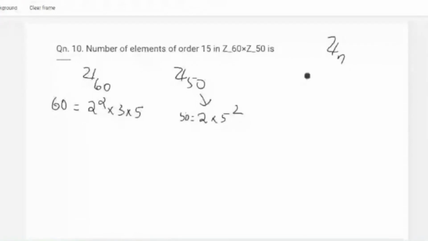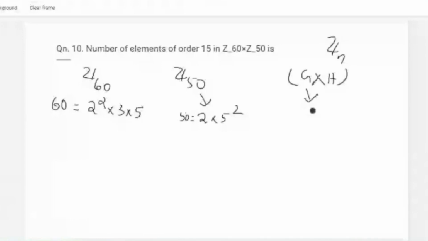Now, in a product group Zm cross Zn, if we have an element A in G and an element B in H, the order of the pair AB is the LCM of the order of A in G and the order of B in H.